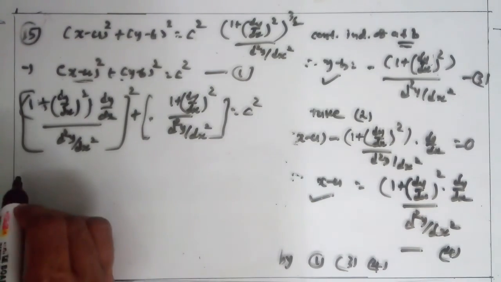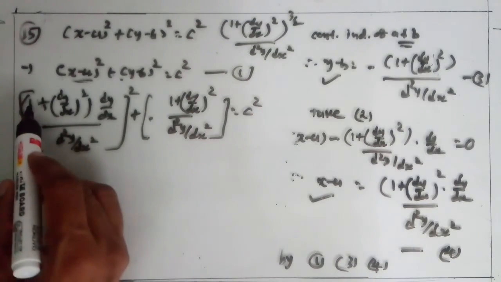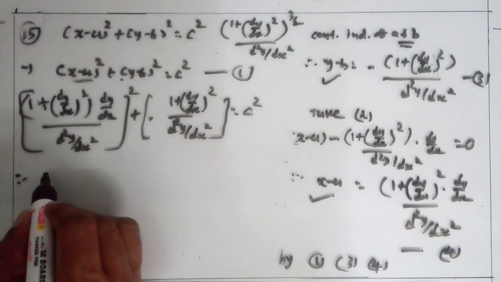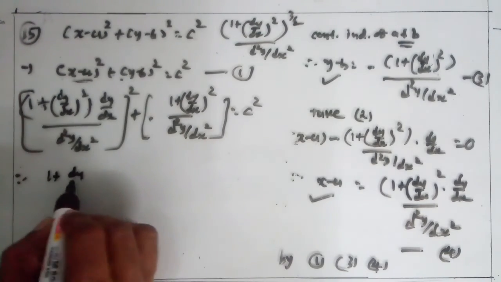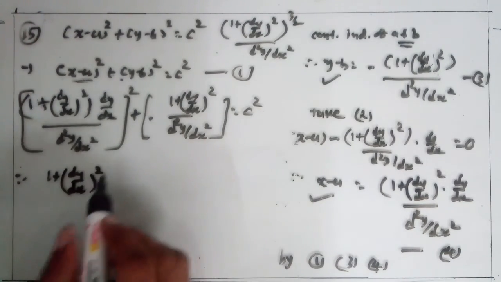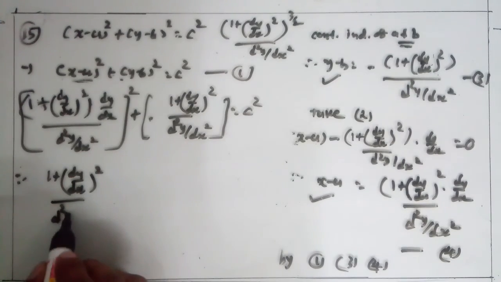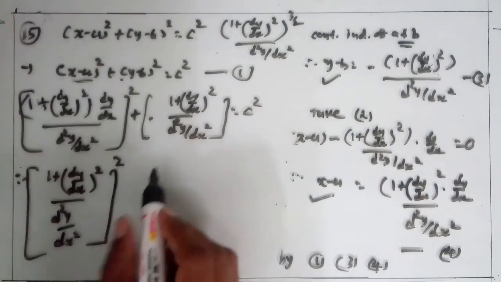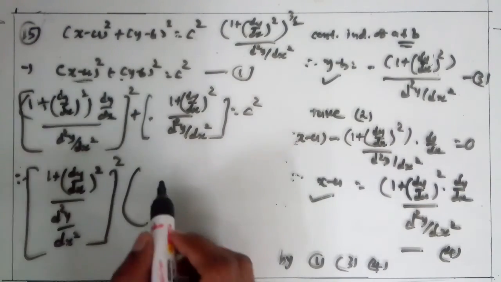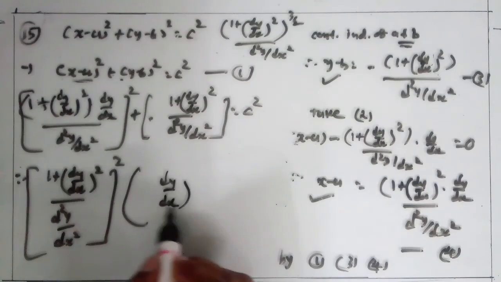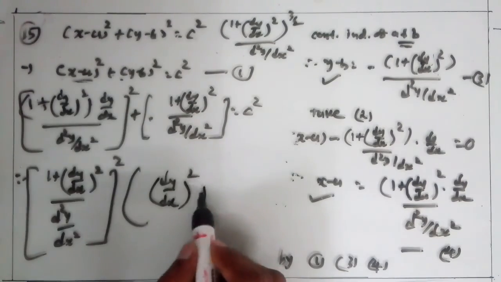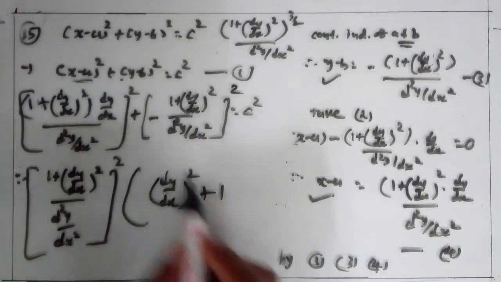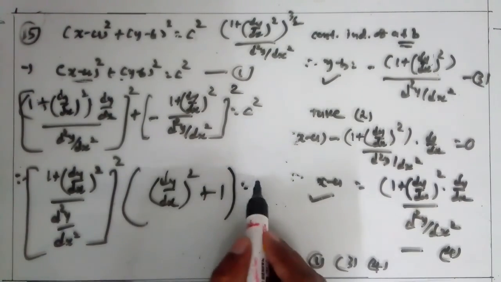Clear? So here [1 + (dy/dx)²] from both, take common with the square. So [1 + (dy/dx)²] upon d²y/dx² squared, take common. In the bracket the remaining terms are (dy/dx)² plus 1, which is equal to c².